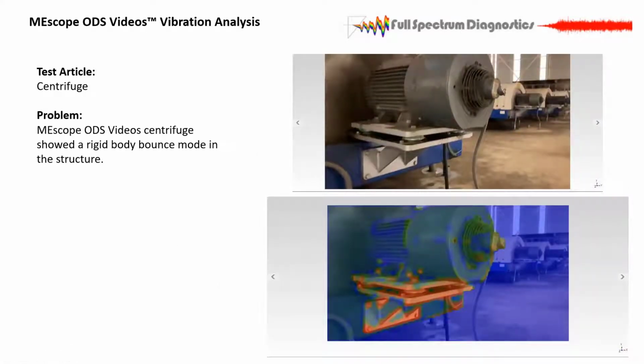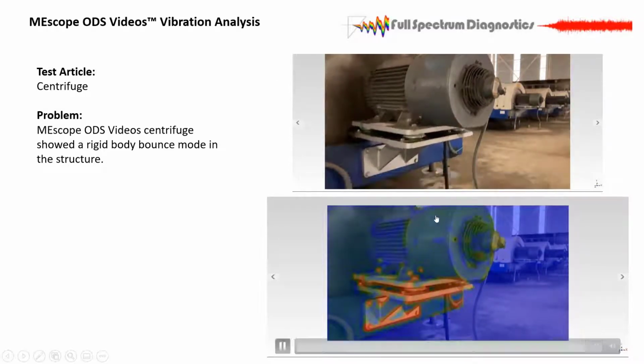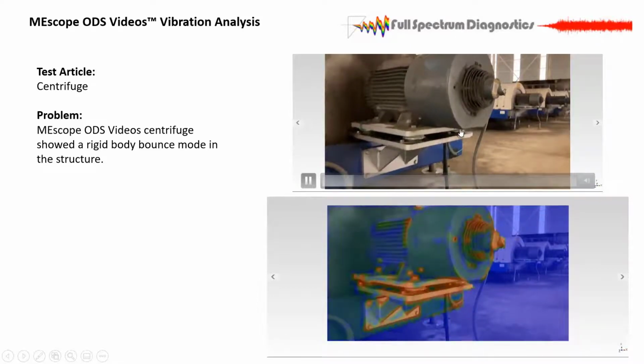This is a centrifuge area, so they take some of the corn dust and put it in a slurry, and this pulls some sugars out of it or something. I didn't know exactly what the process was for this, but this is the drive motor on one end of the centrifuge, and it's sitting on a platform, and it has 4 isolators under its feet.